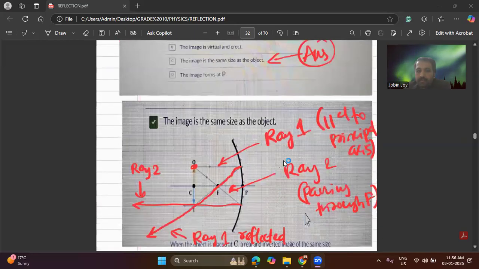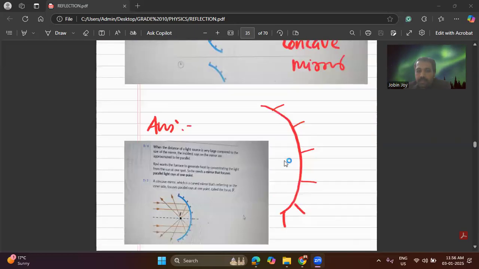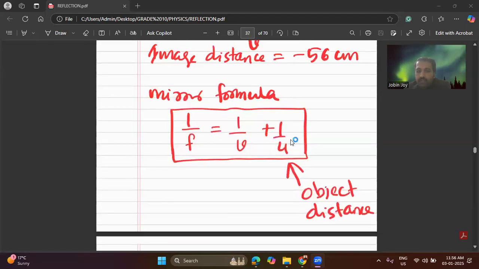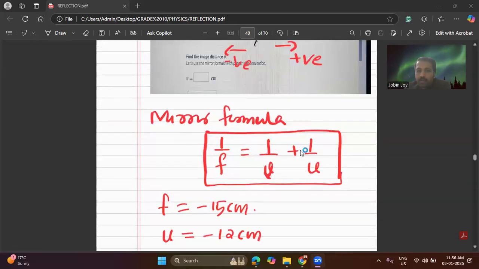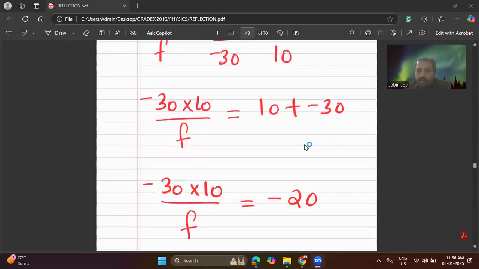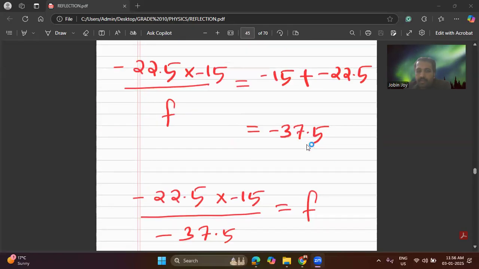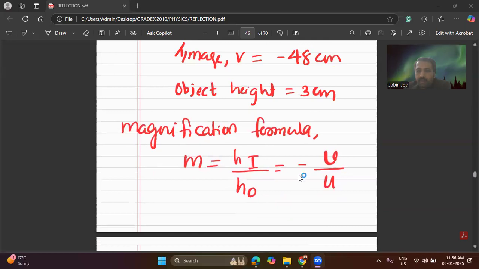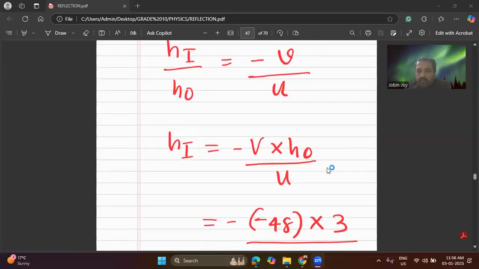And finally, there are some problems where we will apply this mirror formula, 1 by f is equal to 1 by v plus 1 by u. Then we will use this magnification formula. M is equal to height of image divided by height of object is equal to minus v by u.